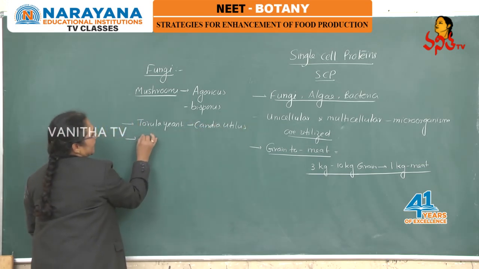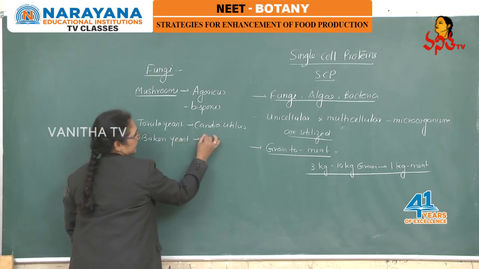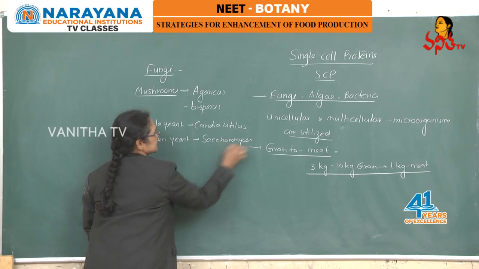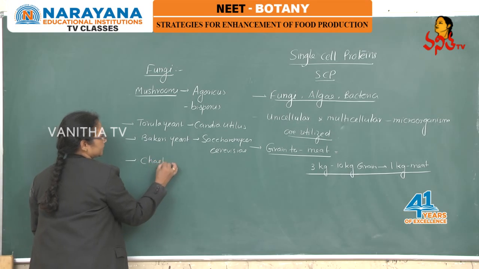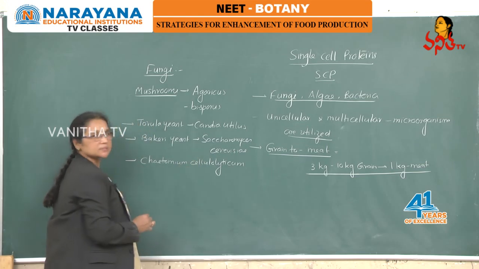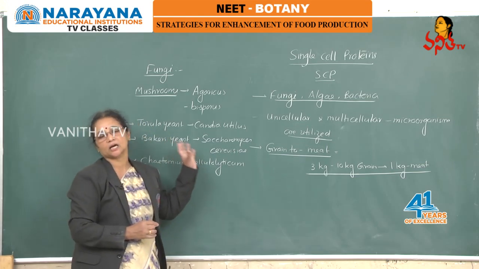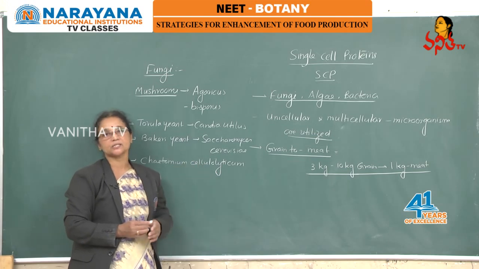Similarly, Baker's yeast, that is Saccharomyces cerevisiae. And one more best example of fungi as SCP is Chaetomium cellulolyticum. These are the best examples of fungi which can be used as a single cell protein source.